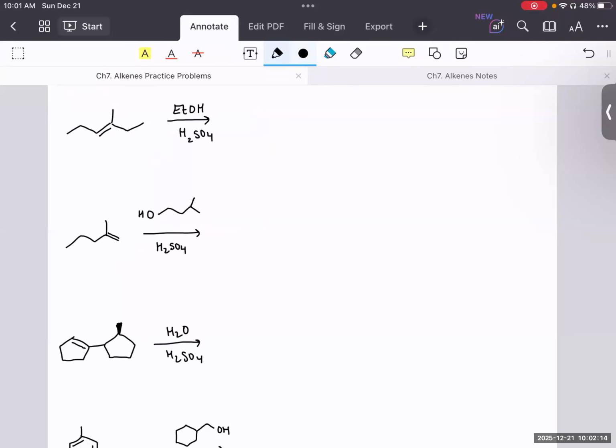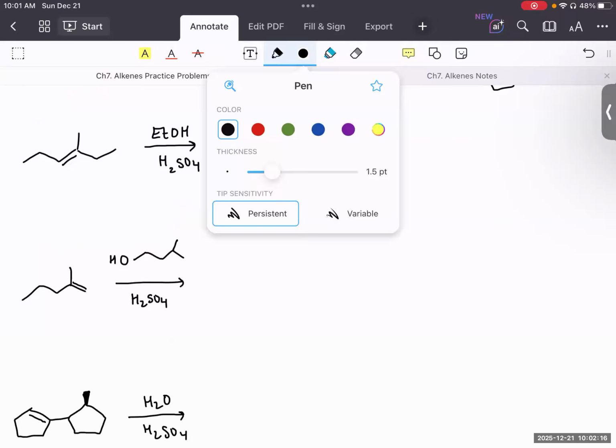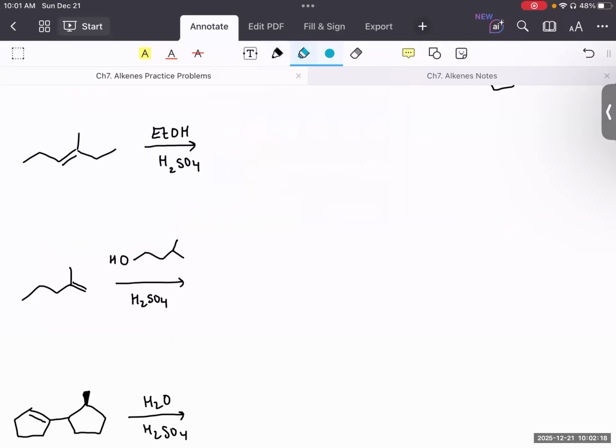All right, for this next one, similar to before, we have the alkene, we have an acid, and then instead of a water, we have an alcohol. And so in this one, we'd be adding that R group to the site of that carbocation.